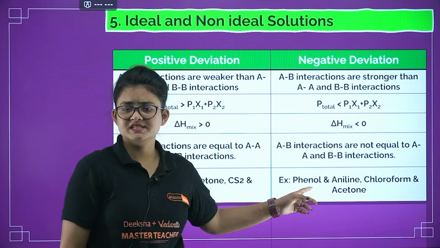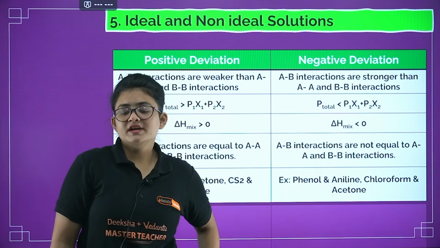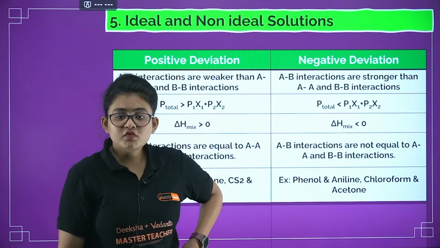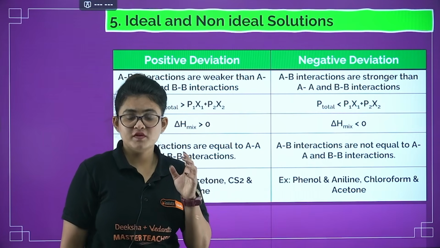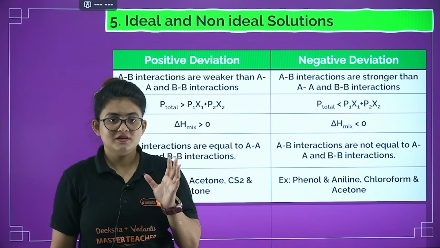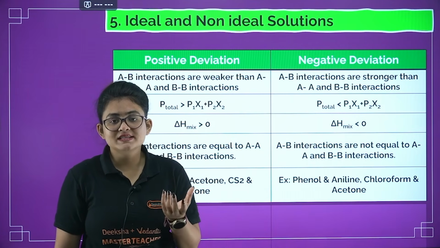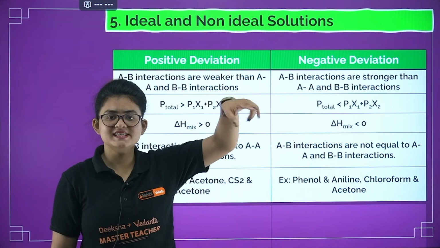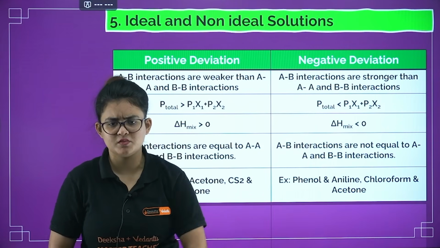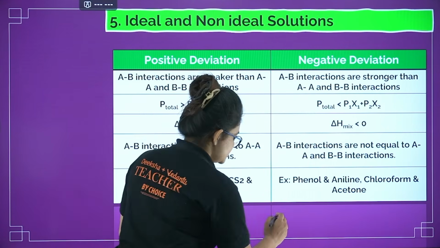For this case, let me just tell you, my dear, whenever it comes to the mixture of chloroform and acetone, chloroform is CHCl3 and acetone, right? Whenever you are mixing them, chloroform's hydrogen and acetone can make a nice hydrogen bond. Let me just show you one thing.